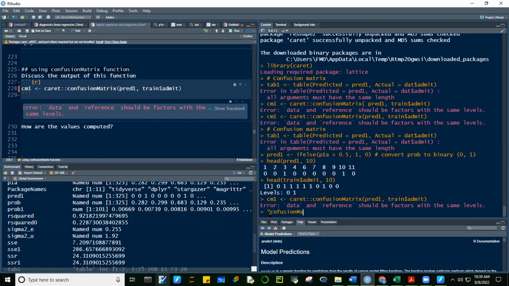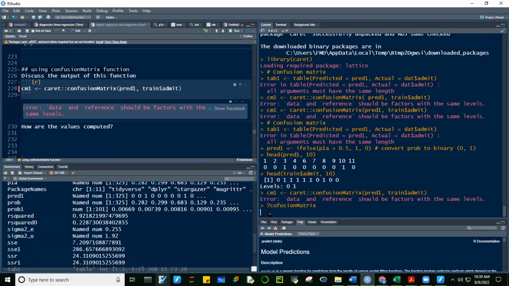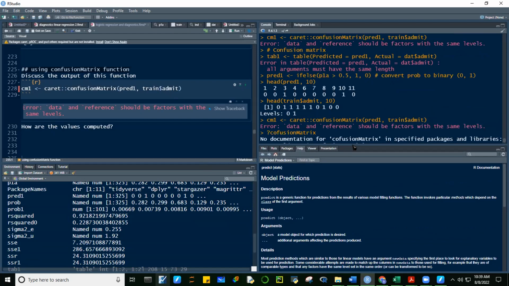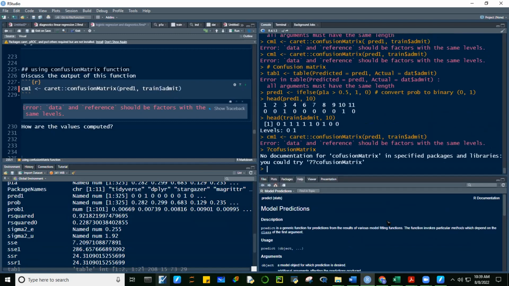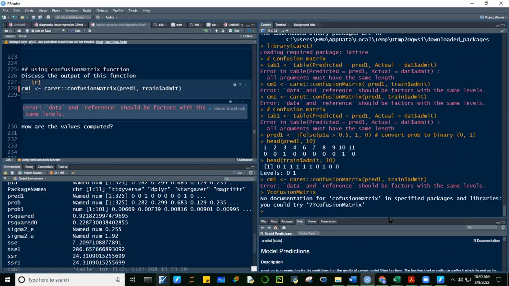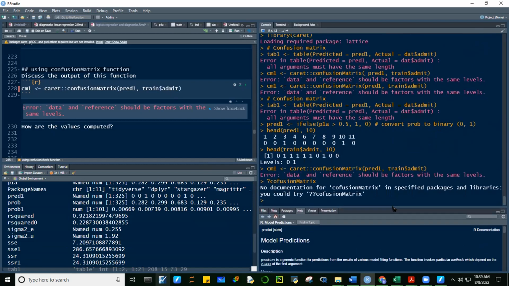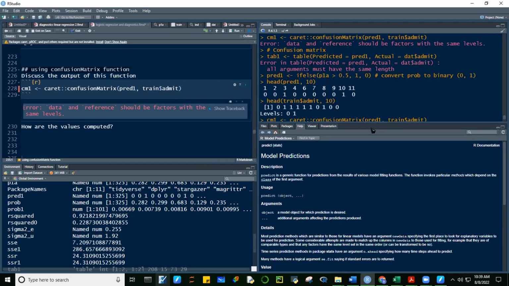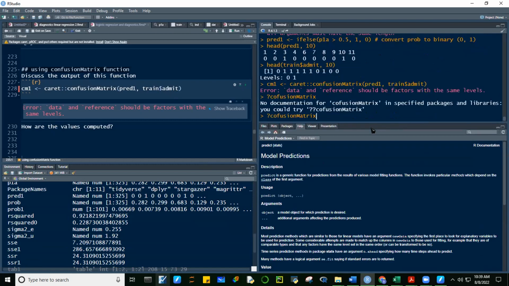Baka may... check natin yung sa help function yung confusion matrix. Mali yung spelling ko. Confusion matrix. Okay.